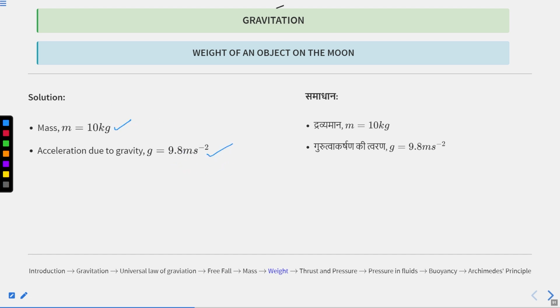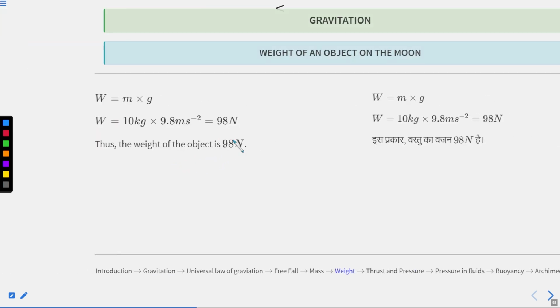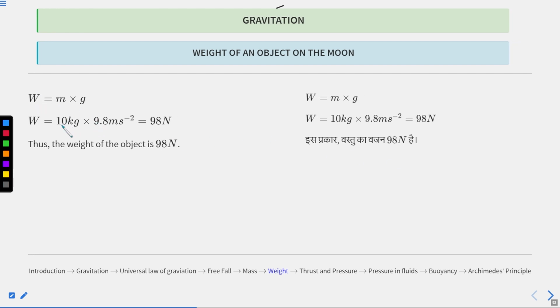Acceleration due to gravity is 9.8 meter per second square. So weight will be mass into gravitational acceleration, which is 98 Newton. It means that the weight of the object is 98 Newton. This question was very easy, a directly formula-based question. I hope everyone understands this one problem.